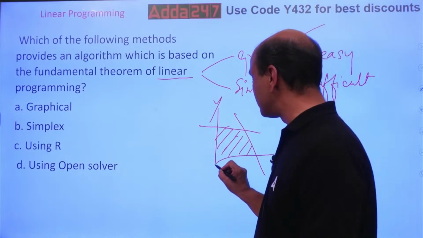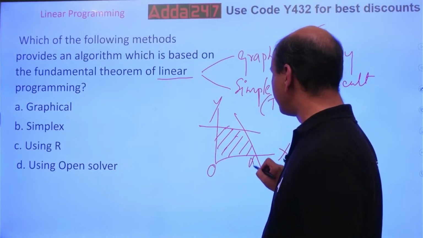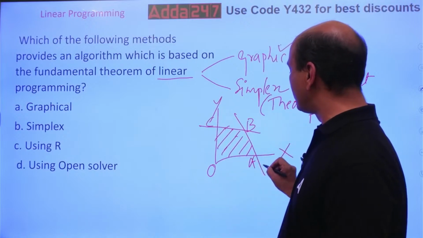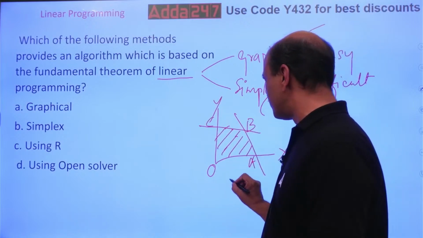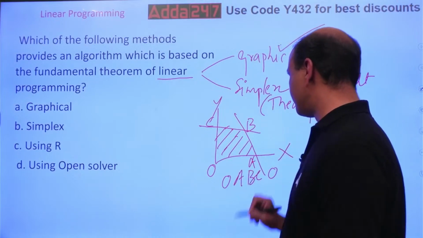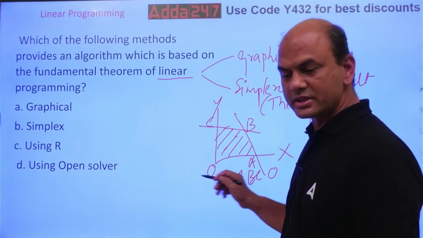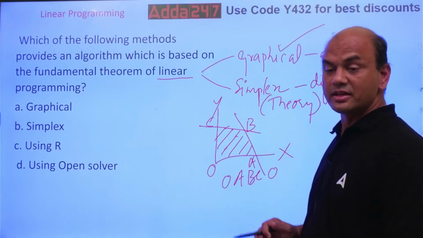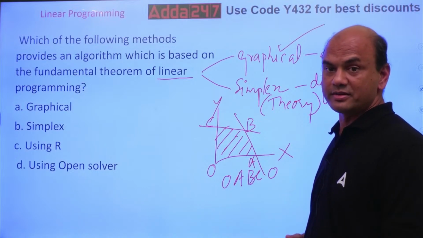Then we plot these feasible points: origin, A point, B point, C point. So O, A, B, C and again O. Starting from the origin, coming back to origin. This is known as the feasible region in the graphical method.